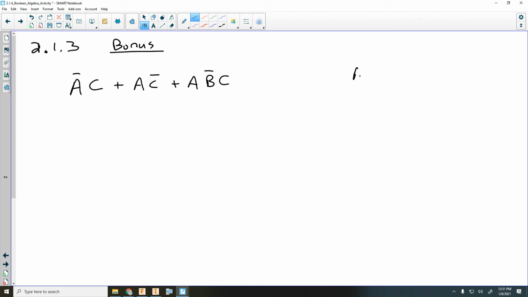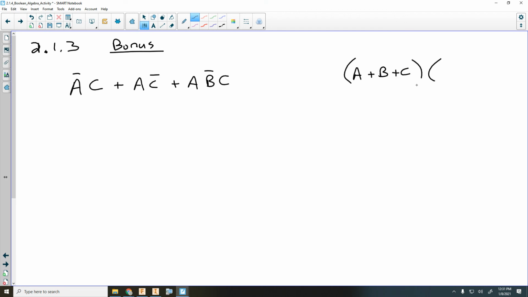And the other one was, what's the second equation? The product of sums, if you have it. It's A or, is it A or B or C, or are those nots?